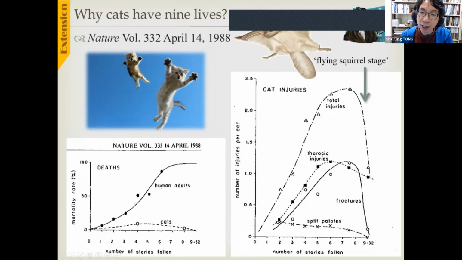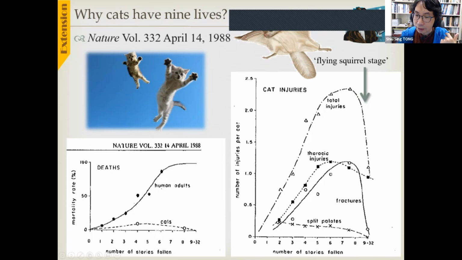Now, why is that? People find that the greatest rate of injury happens at about 6 or 7 stories high for cats. If you go beyond that, the injury rate actually falls.